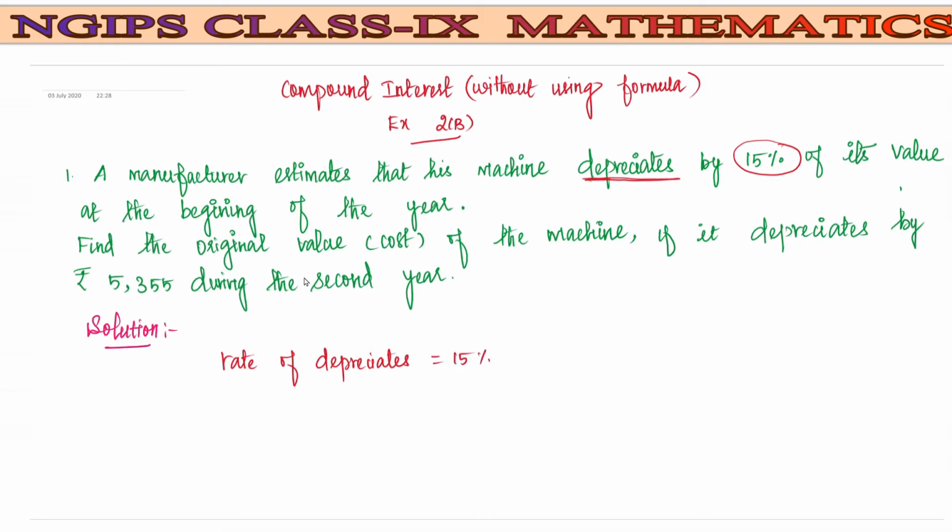Now here we don't know the original value of the machine, so let x be the original value of the machine.